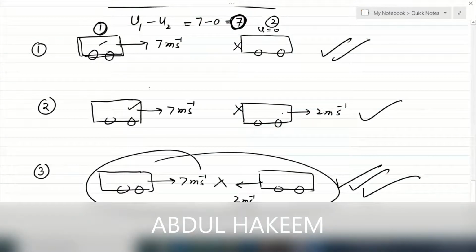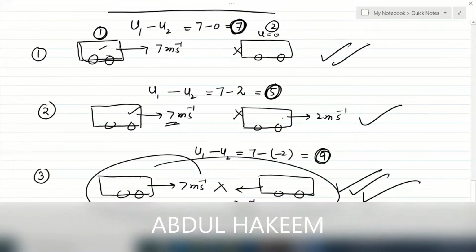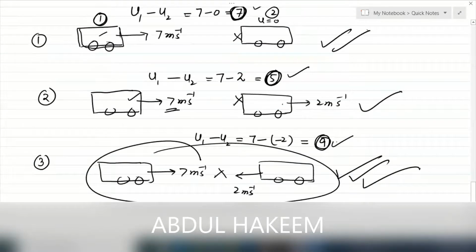Now move to the next one. u1 minus u2. The u1 is 7 and this is 2. So answer is 5. Now the third one, u1 minus u2. u1 is 7 minus, and this is towards left, so we will write it minus 2. So the answer is 9. So look, 9, 7, 5. So the relative velocity of approach is maximum for this head-on collision.